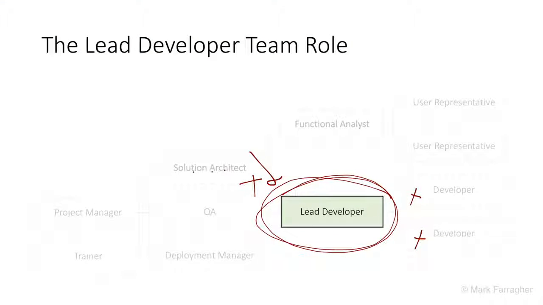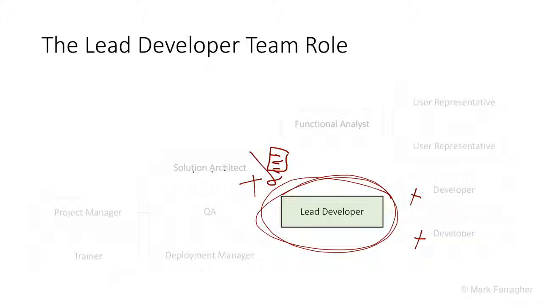So what are those responsibilities? The lead developer receives the architecture design, the architecture specification from the solution architect. So the solution architect right here passes the design, the architecture design of the solution to be built, on to the lead developer.